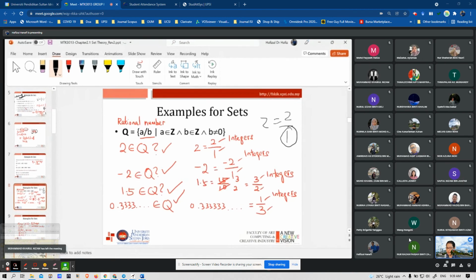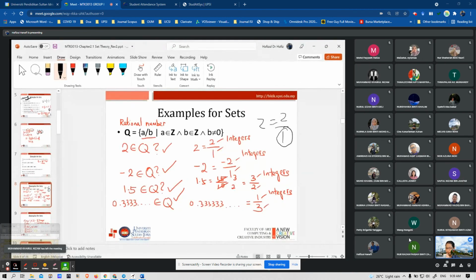Is negative 2 a member of Q? Also true, because this one is an integer and this one is an integer. Is 1.5 a member of Q? True, because 1.5 is equal to 3 divided by 2. This one is an integer and this one is also an integer, and it's not 0.